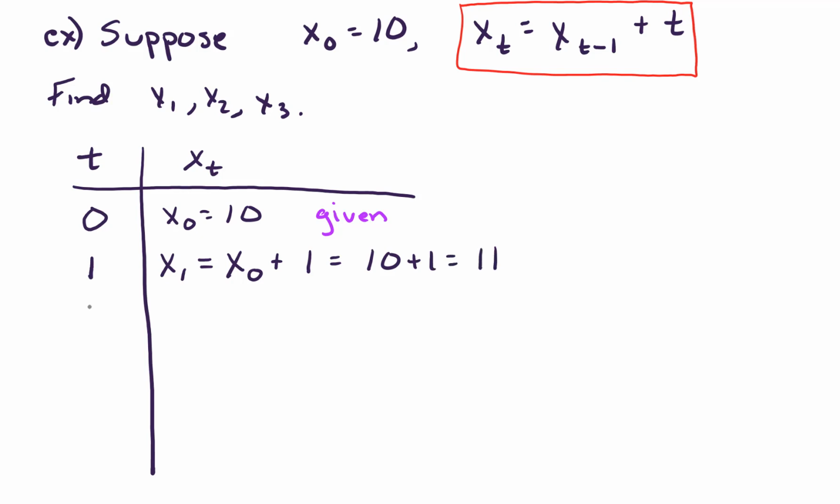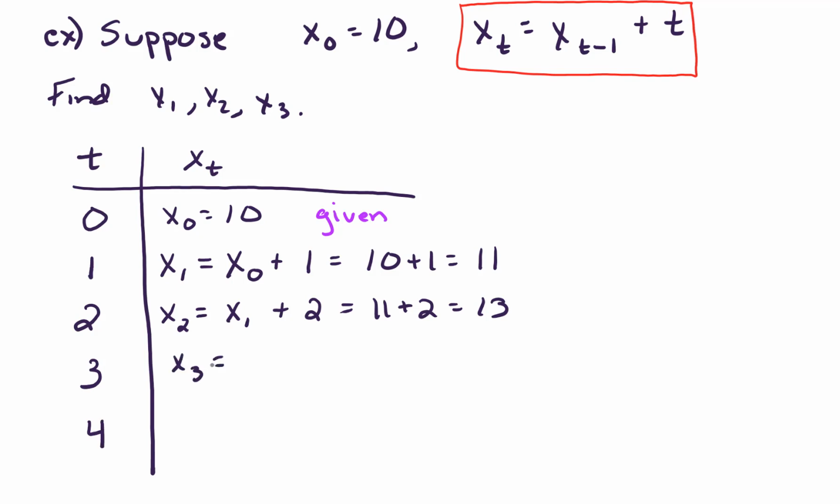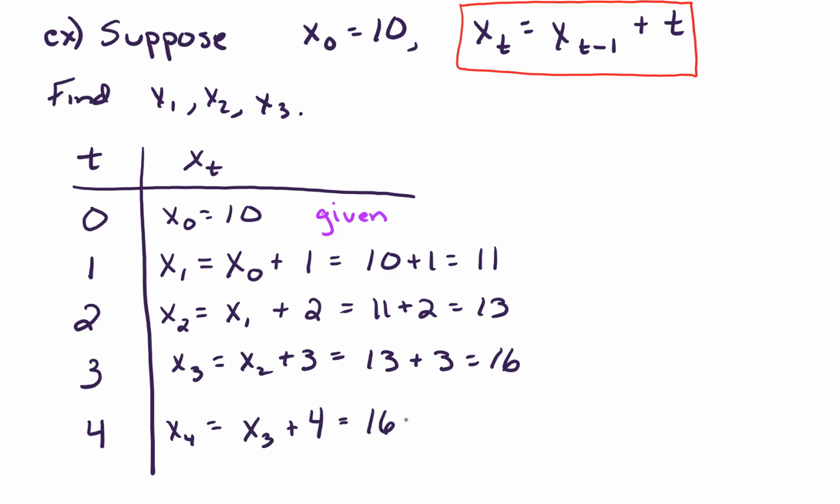Let's look at time 2. To find x sub 2, I take the previous value x sub 1, which is 11, and add t, in this case 2, that equals 13. Let's do 2 more to make sure we're comfortable. x sub 3 is x sub 2 plus 3, 13 plus 3 is 16. And lastly, x sub 4 is x sub 3 plus 4, 16 plus 4 is 20.